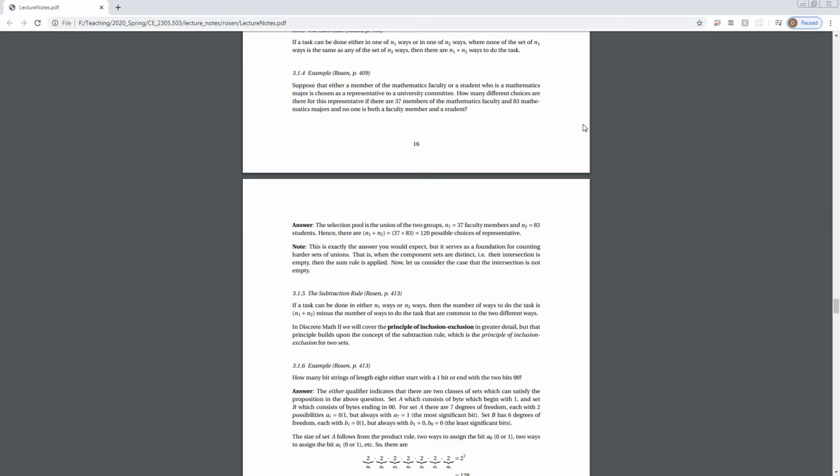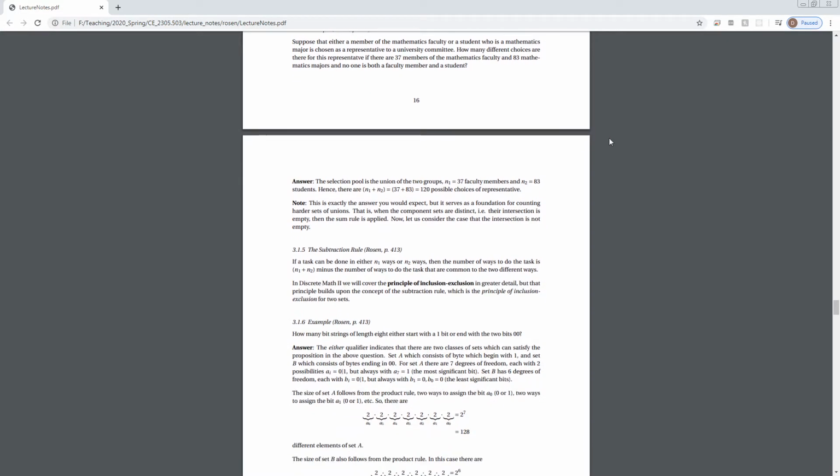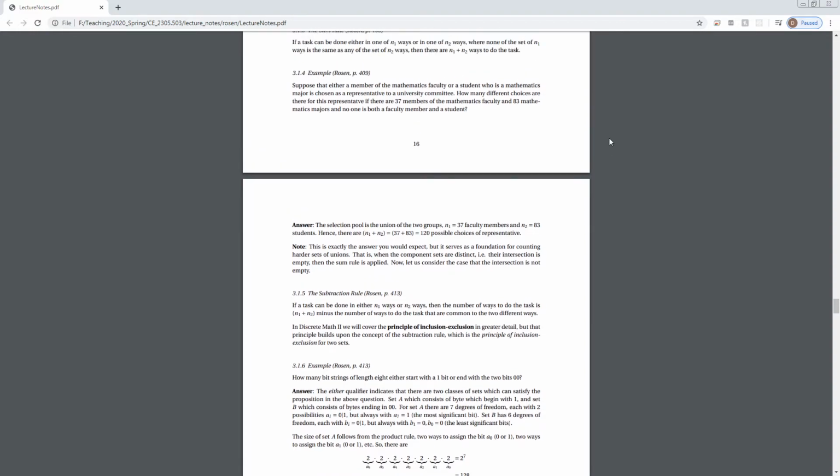And so I think that one's a little more easily understood in terms of an example. So let's say that you have to choose someone to represent the school, and so that choice would either come from the faculty or the students. And so in this example, we say that there is 37 members of the faculty and 83 members of the student body.